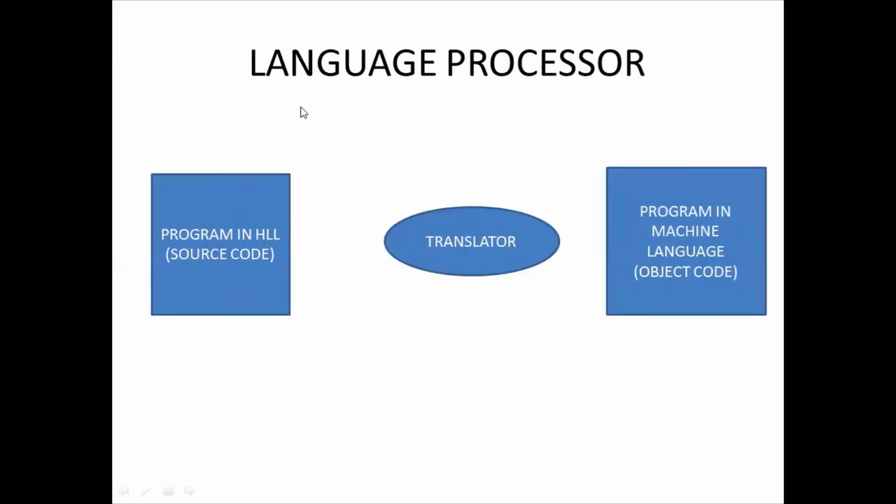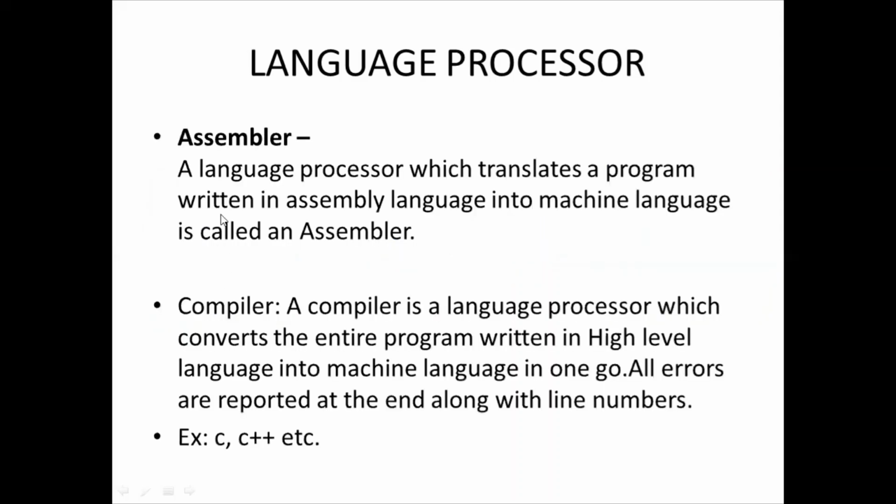See here, a program in high level language, which is nothing but source code, will go to the translator and the translator will convert it into object code, that is a program in machine language. And the reverse way is also possible. Once it gives the output, it again comes back to the translator, the translator will translate it and present it here.